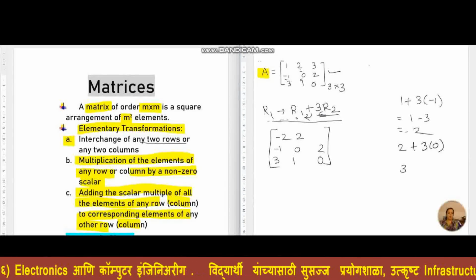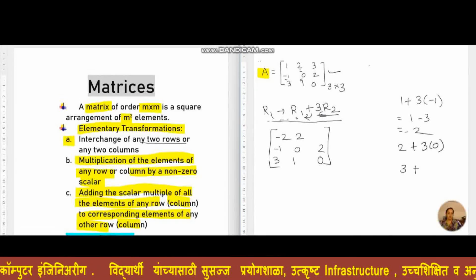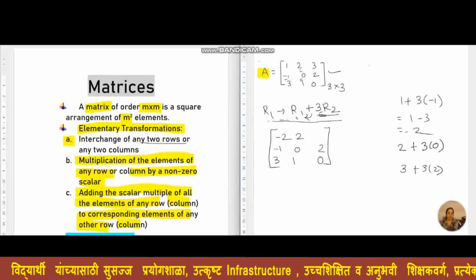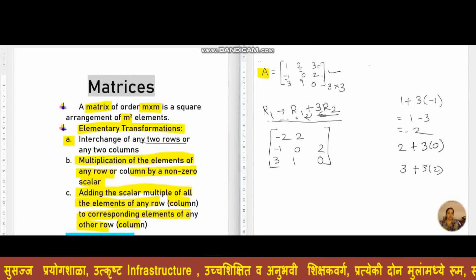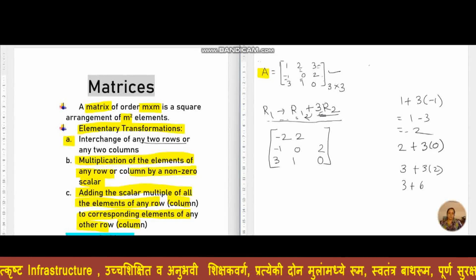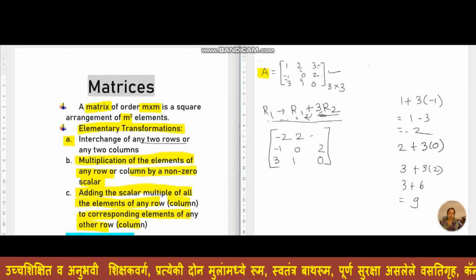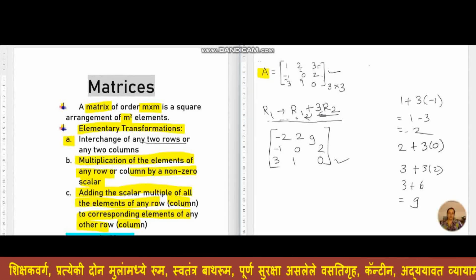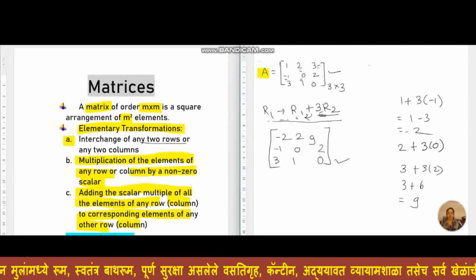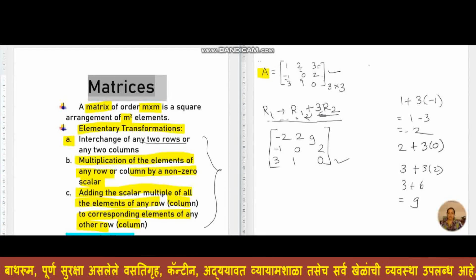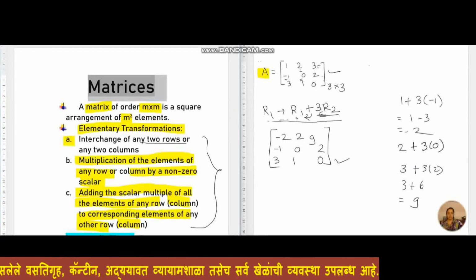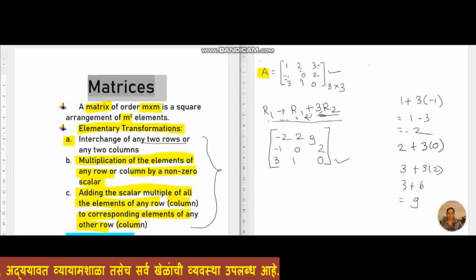The third element will be 3 plus 3 into 2, which is equal to 3 plus 6, which is equal to 9. So this is the result of R1 changes to R1 plus 3R2. These are the three elementary transformations which we are going to utilize in this topic.